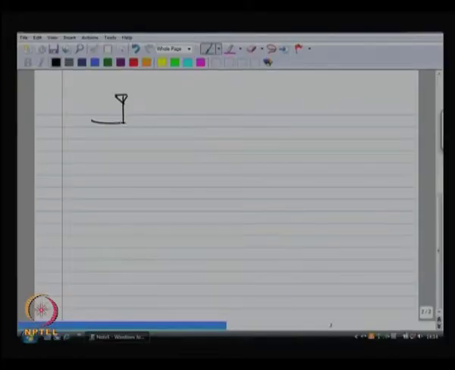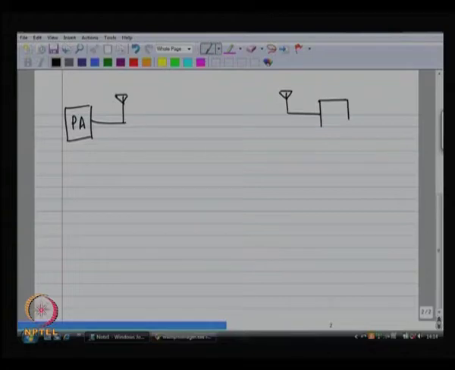And in the last lecture, what we were talking about was how there is going to be a transmitter and there is going to be a receiver. At the end of the transmitter, you have a power amplifier, in short PA, and at the beginning of the receiver, there is the low noise amplifier LNA.